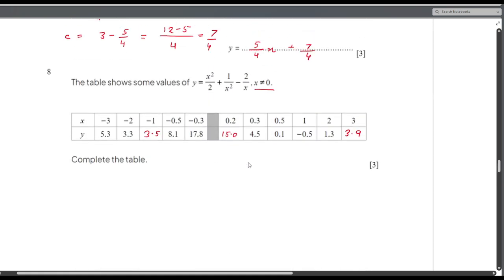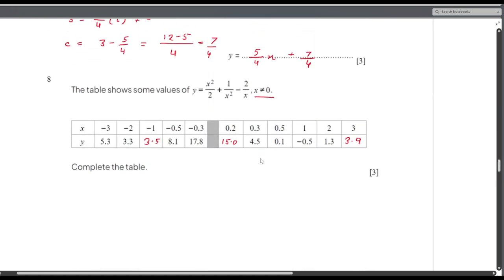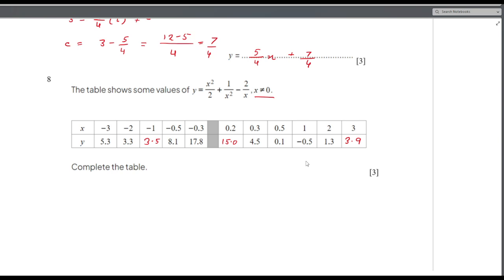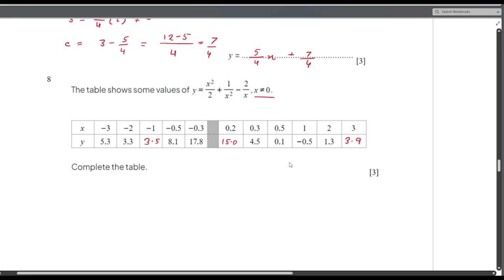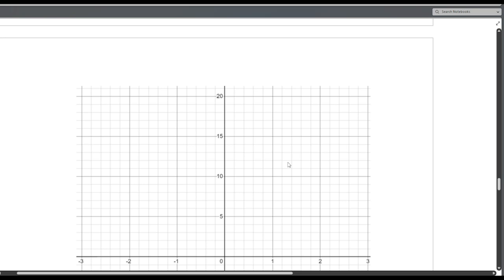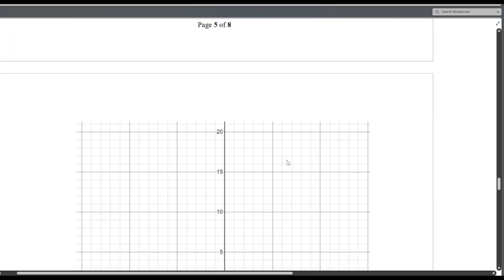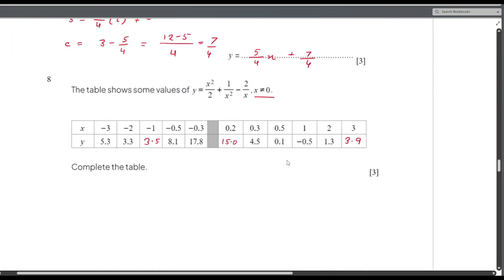In the table, for 1 the answer is minus 0.5, meaning the negative values of y will be somewhere between 0.5 and 2. For 0.5 it is 0.1, for 2 it is 1.3. So somewhere between 0.5 and 2 I have the negative y values, and I have to find that range using the graph. So on the graph let us plot point by point.